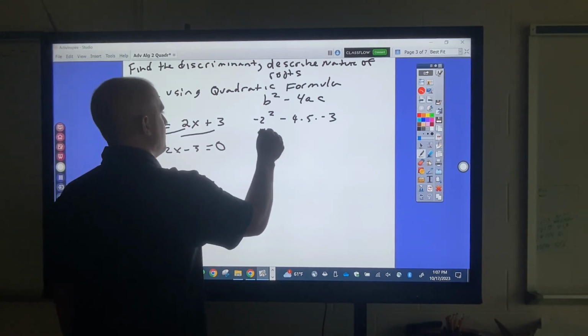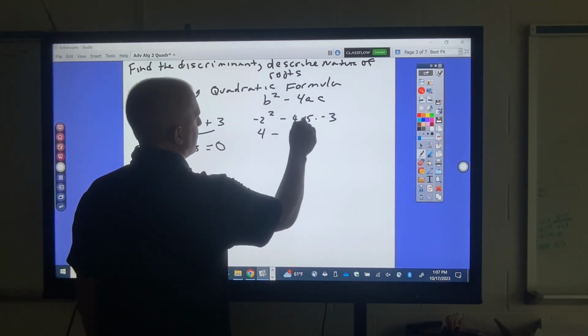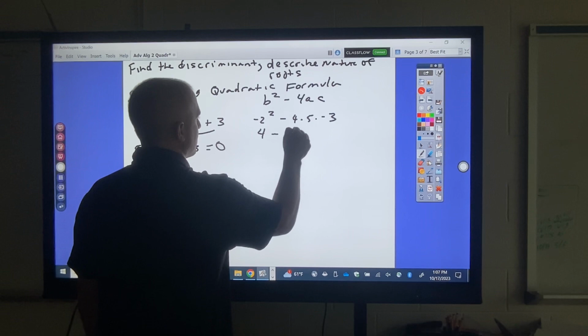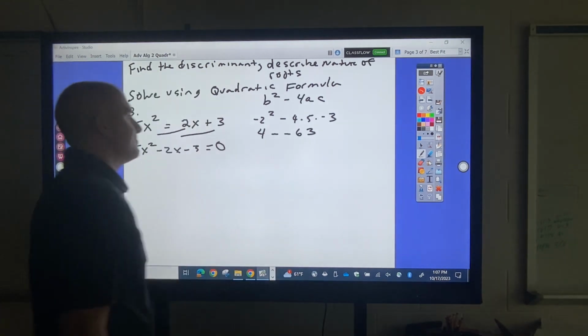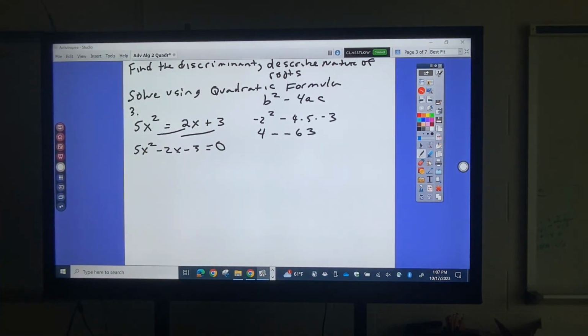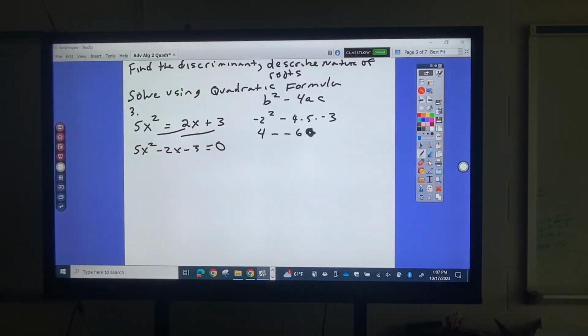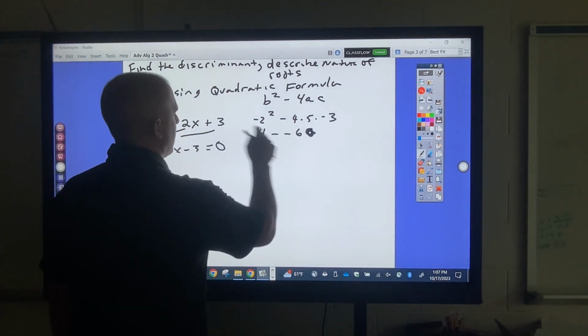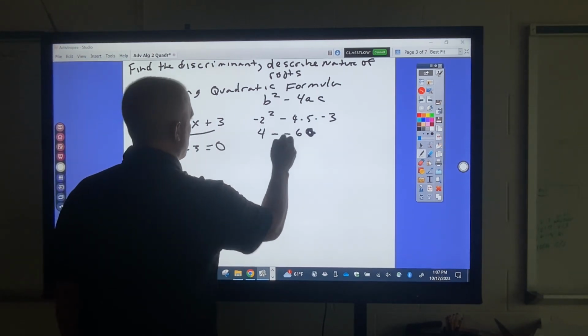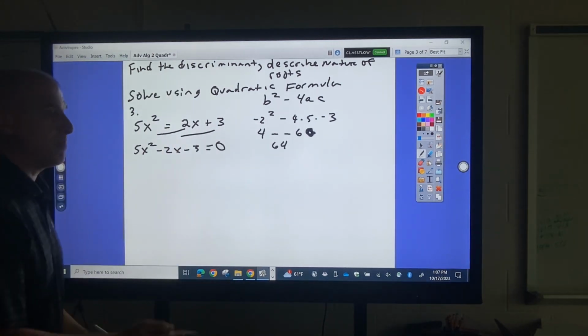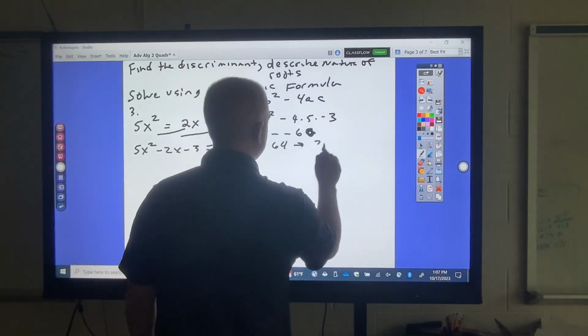That's going to be 4 minus 4 times 5 is 20 times -3 is -60, I apologize. And if I subtract that, 4 minus -60, I'm going to have 64. Now 64 is a perfect square, so I'm going to have 2 rationals.